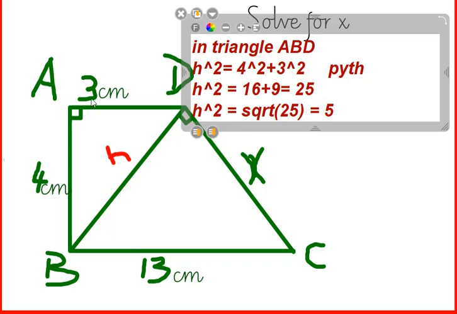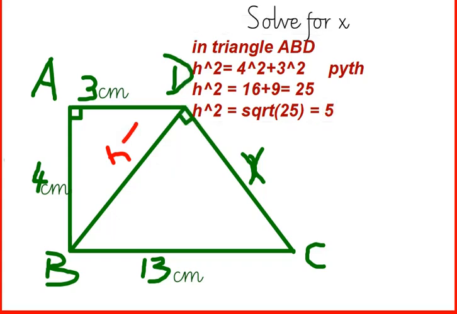So let's go back to our sketch and quickly write that down. That is 5. Now with that we have 5 and we have 13, and this is a right angle triangle.